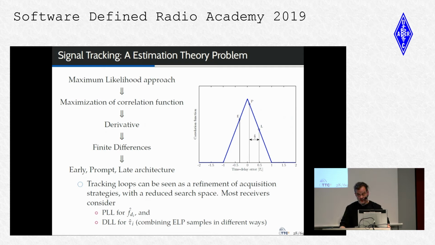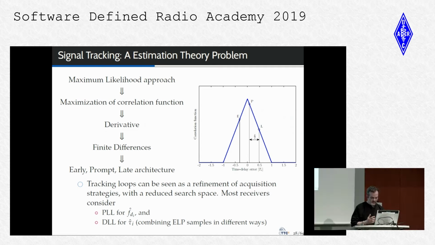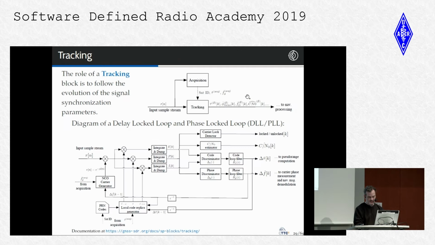And since we are working in digital systems, this derivative turns into finite differences. And this is how the early, prompt, and late DLL architectures arise. It's just doing finite differences in which you want to catch the peak of the correlation.